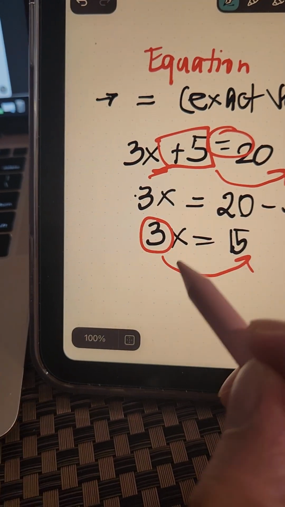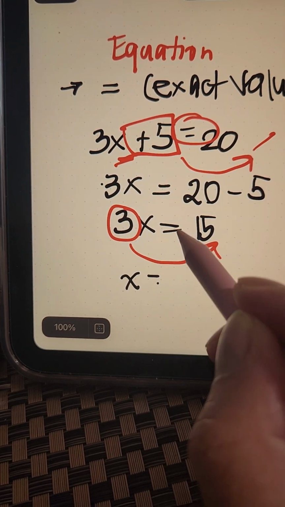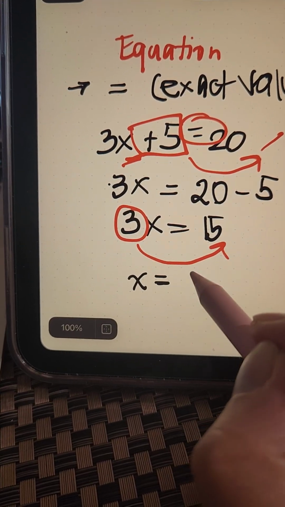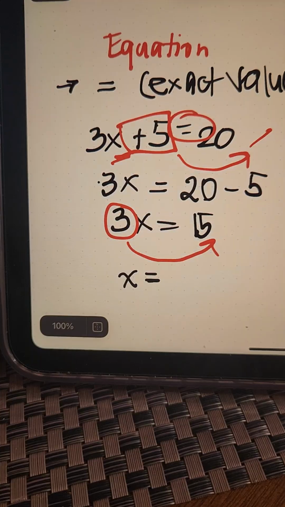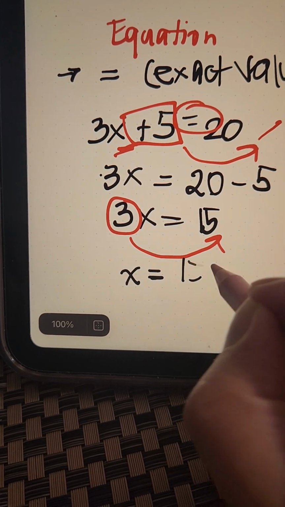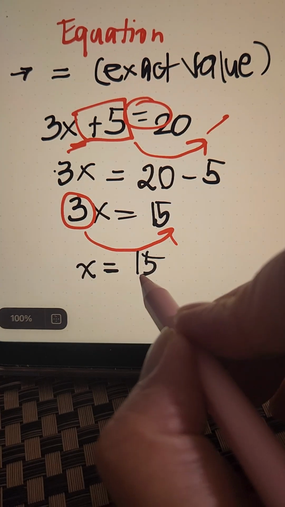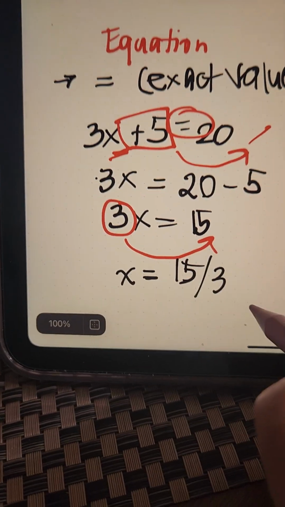Okay. So what happens here is x is the only one left, and then the equal sign, and then 15 divided by 3.